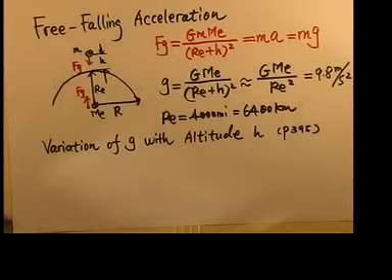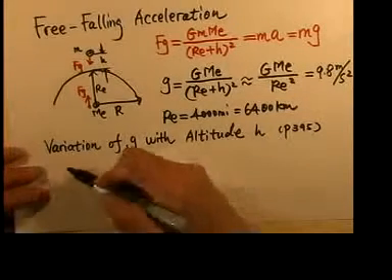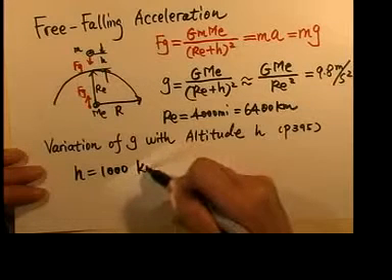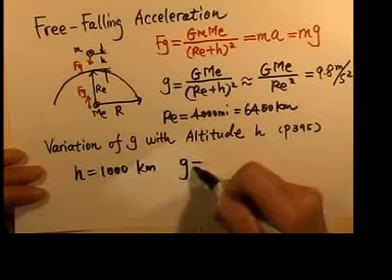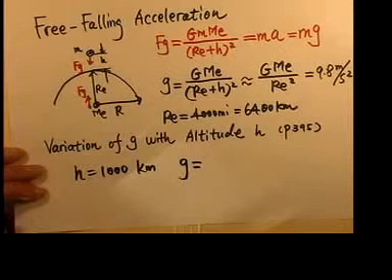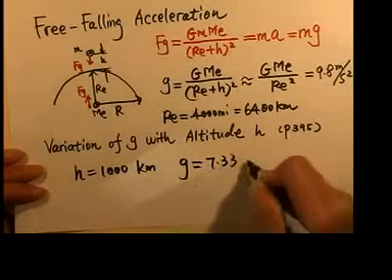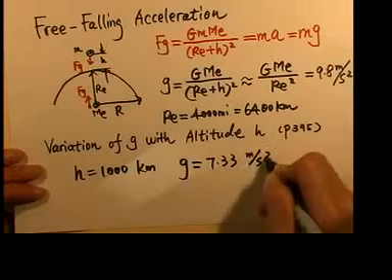And if we reach 2,000 kilometers, which means we doubled altitude, that g will drop to 5.68 meters per second squared. So let's see. When h is 1,000 kilometers, the g is already smaller than 9.8 meters per second squared. It is 7.33 meters per second squared.